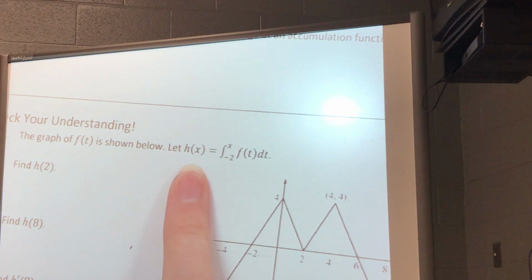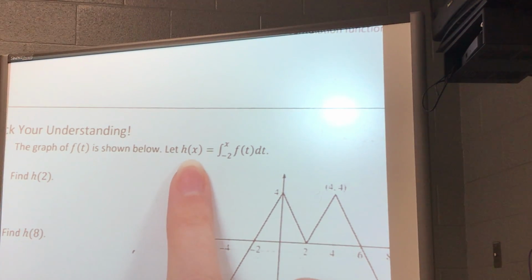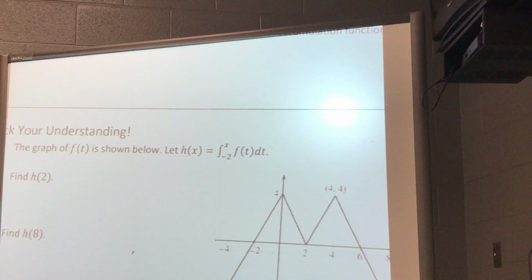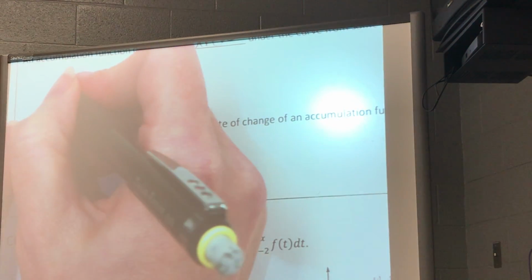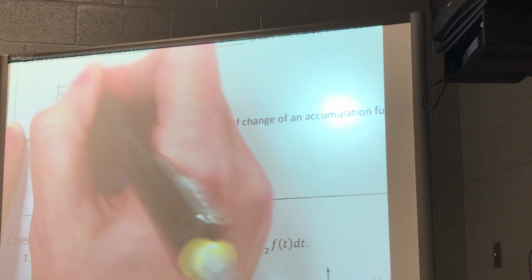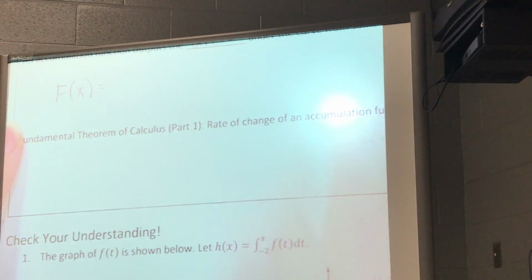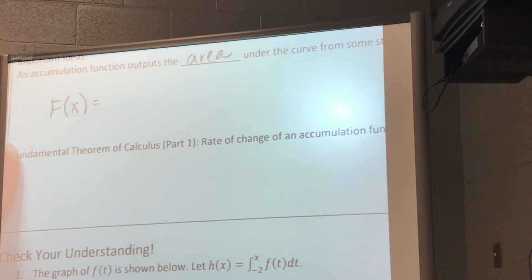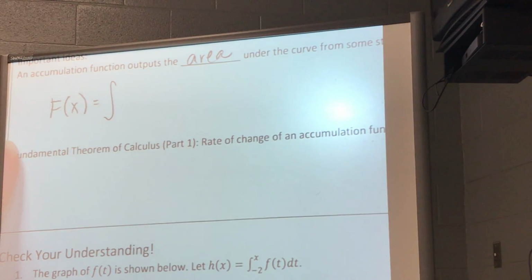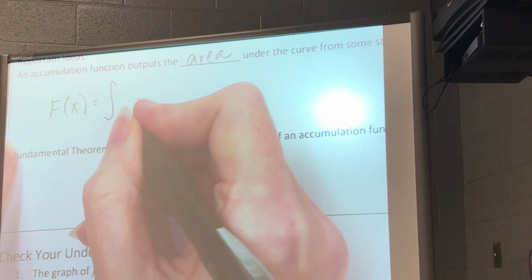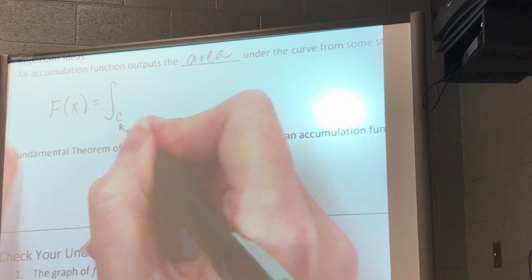And this right here is an example of an accumulation function. We'll have something of x equals and then the rest of it. So we're going to write that up here. We're going to say f of x equals, and then we're going to have the integral symbol. The lower limit is going to be c. That's the starting value.